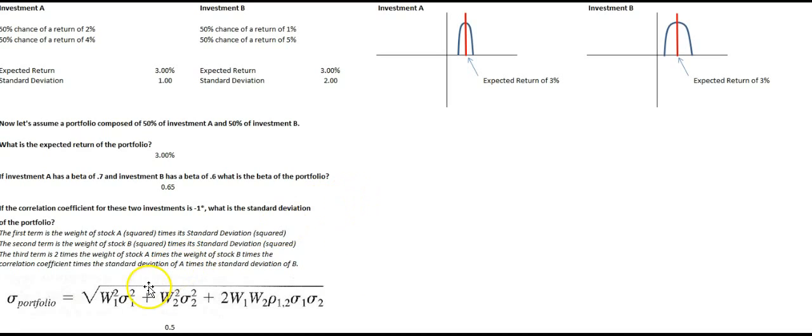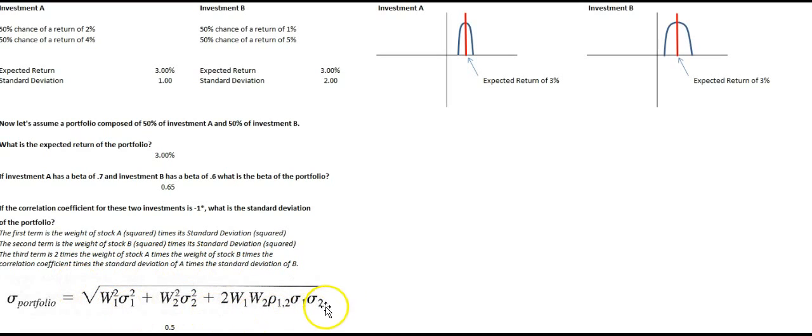So in this example, we would take the weight of investment A, which is 0.5, square that, multiply it times its standard deviation, which is 1, squared is 1. Weight of number 2 is 0.5 squared times 2 squared plus 2 times 0.5 times 0.5 times -1 times 1 times 2.